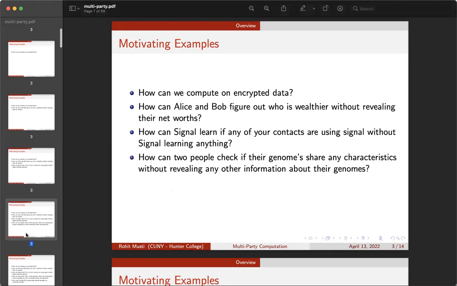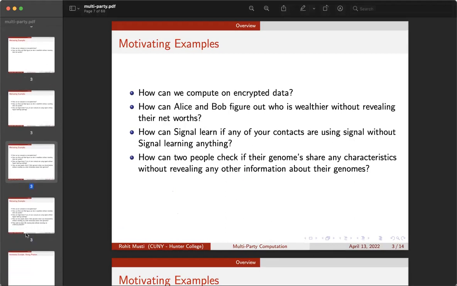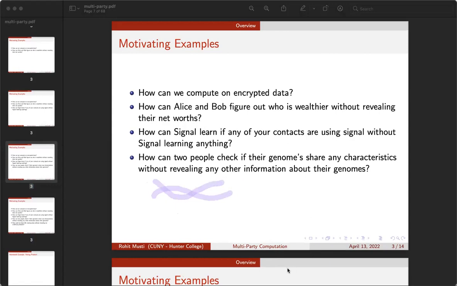How can two people check if their genome shares any characteristics without revealing any other information about their genome? To draw that example, here is genome A, and here is genome B. How can we meaningfully compare this section of genome A with this section of genome B?